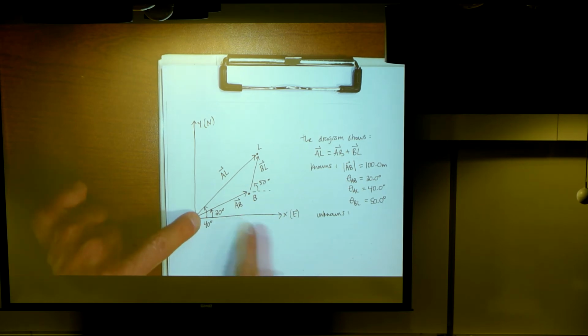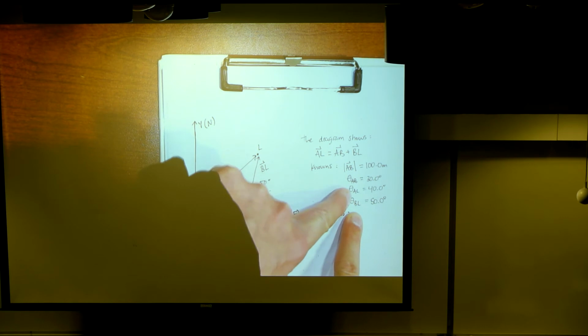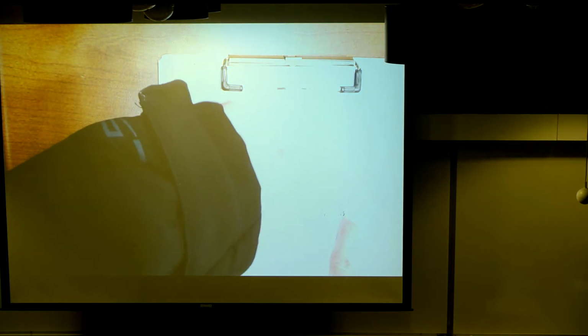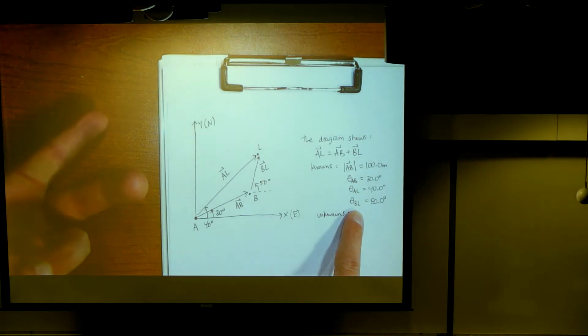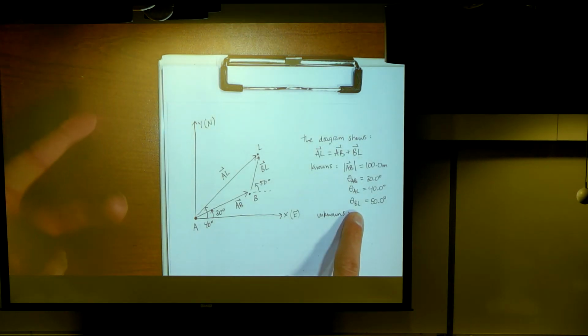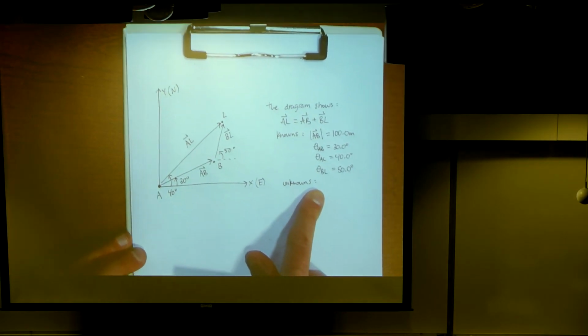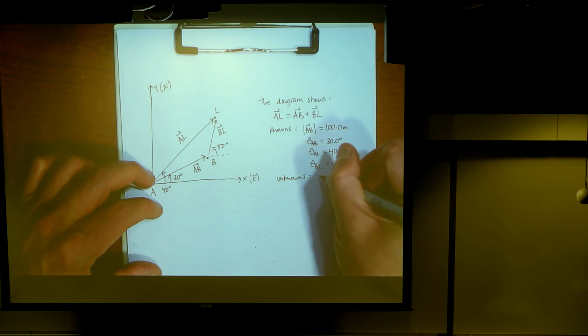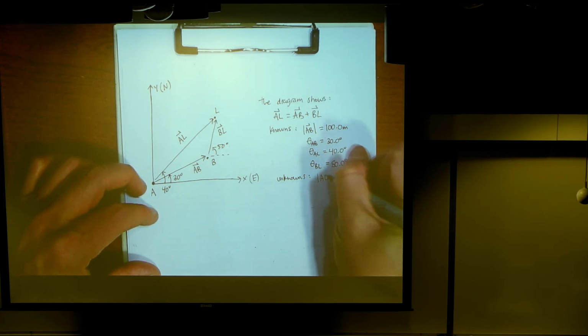Well, we know all three angles for all the vectors, but we only know one magnitude. So there are two magnitudes which are unknown. Does that make sense? What are the unknown magnitudes? Yeah, BL and AL are both unknown magnitudes. So we don't know either of them.